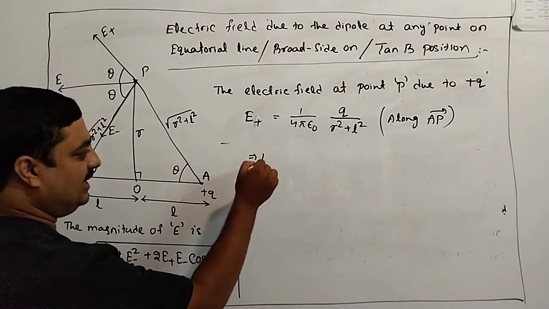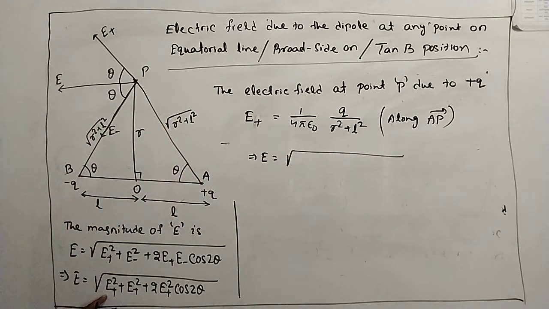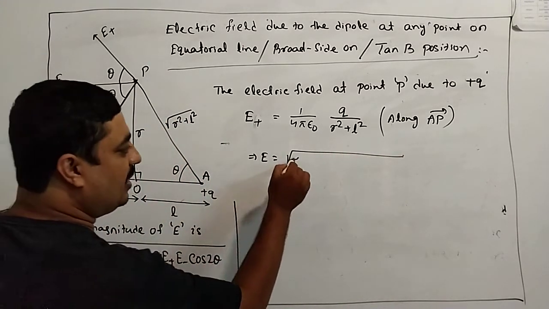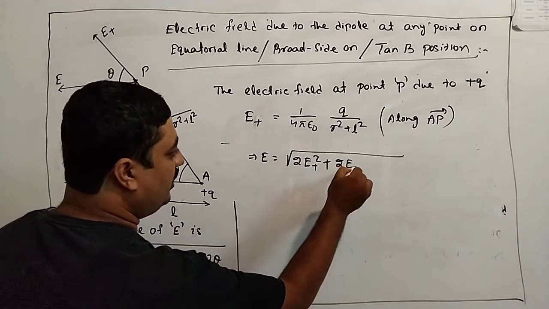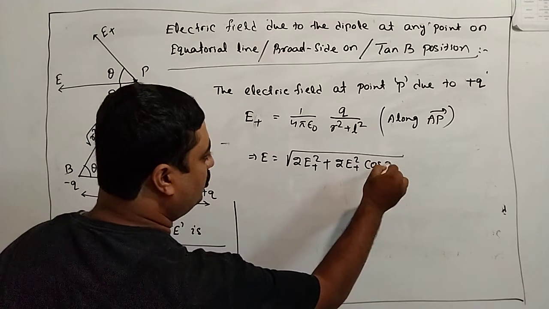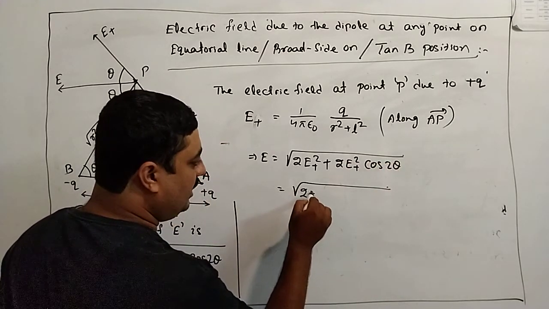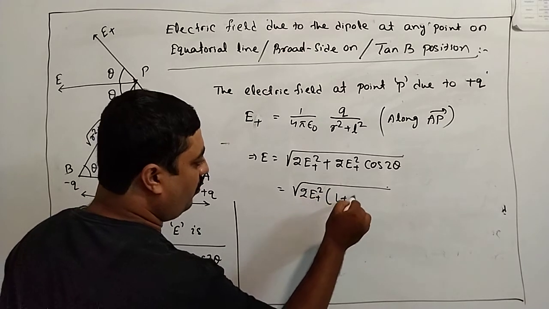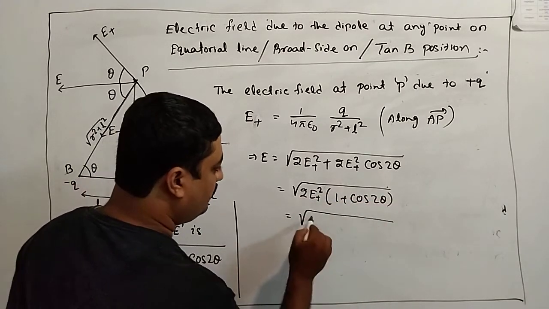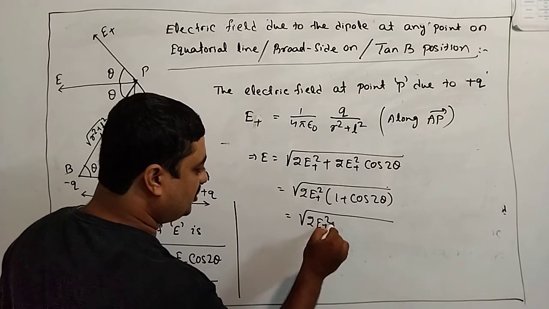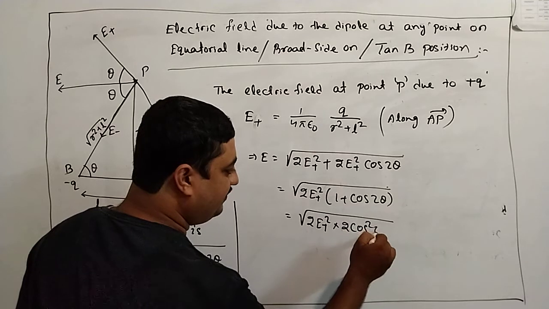That implies E equals k times the square root of E+² + E+² + 2E+² cos 2θ, which is 2E+² common (1 + cos 2θ), which is 2E+² into 1 + cos 2θ, which is 2 cos²θ.